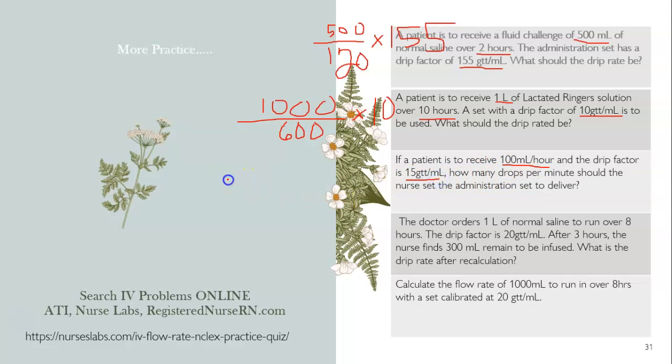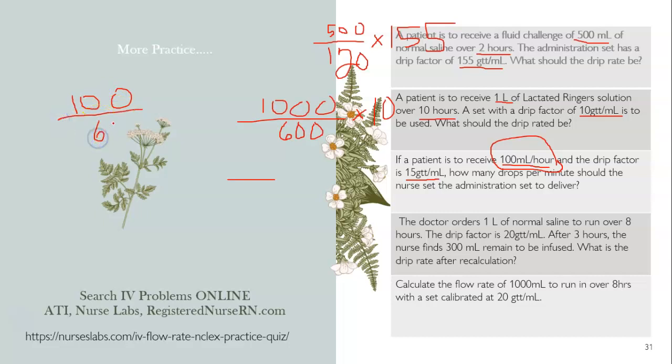Now listen to this one, right? If it already gives you mils per hour, just go ahead and take it. Okay? Look at this. Isn't it the same thing as saying 1 liter over 10 hours? It would be running at 100 an hour. If I'm running it at 100 an hour, think about it.